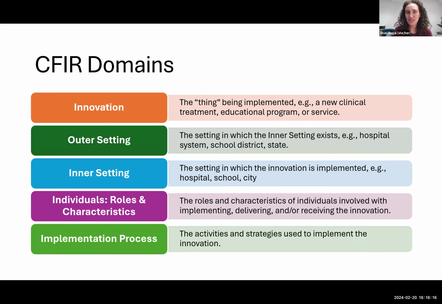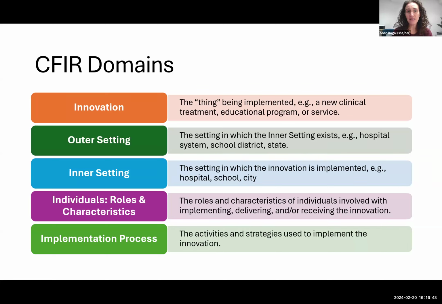So when I teach this to new learners, I have them literally write down in these boxes, define their innovation, their outer setting, which is actually defined as being outside what the inner setting is, which is the setting for implementation, or the place where you're doing the work, either the hospital or clinic, a school or classroom, or even a city, depending on your setting.